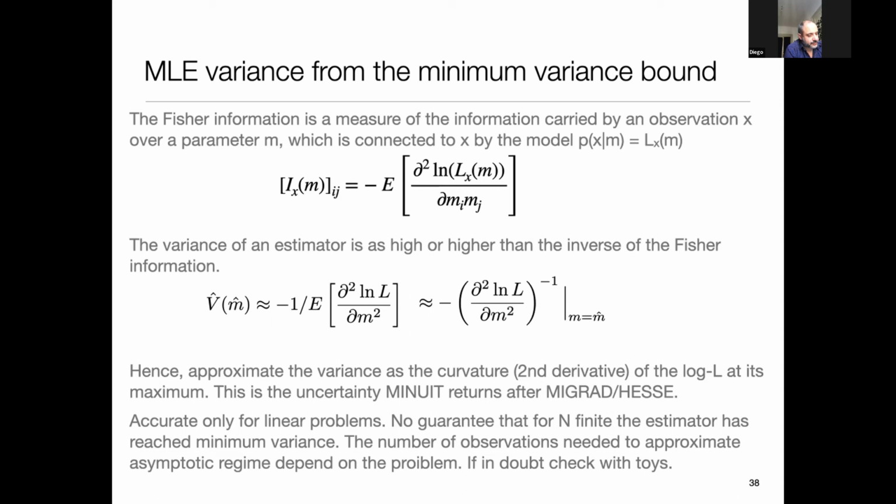The second derivative, so basically the curvature of the likelihood at the maximum, is in asymptotic conditions, so with infinite observations, a good approximation of the uncertainty on my measurement.